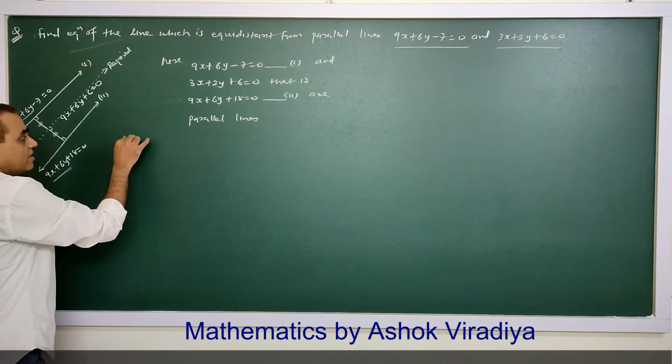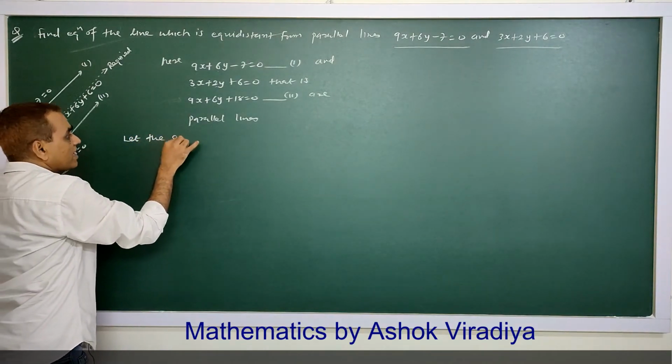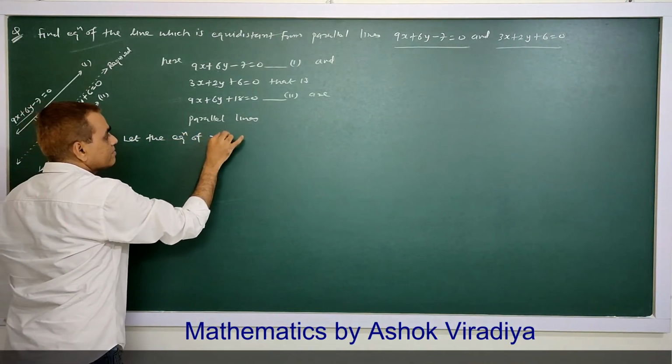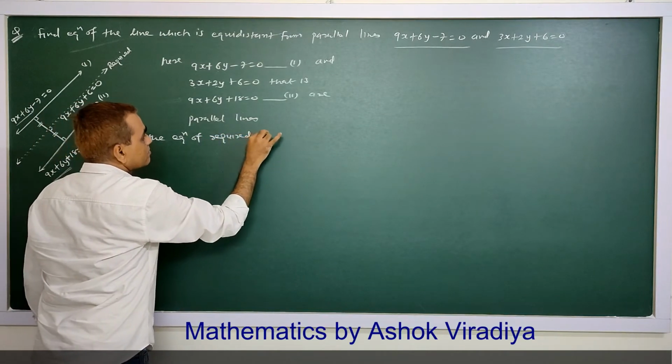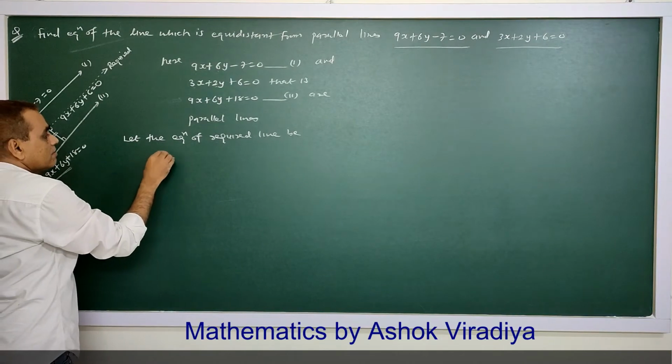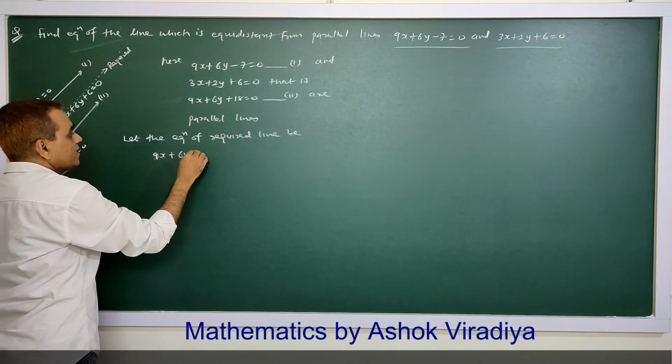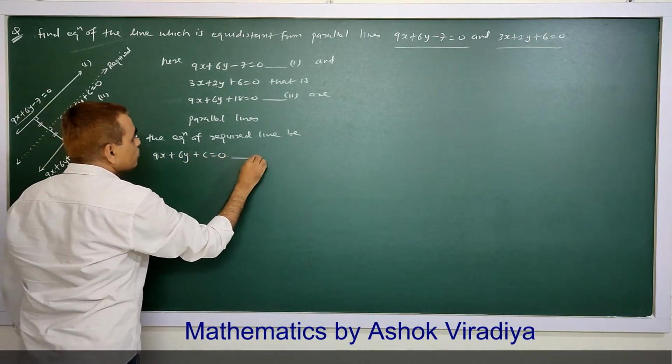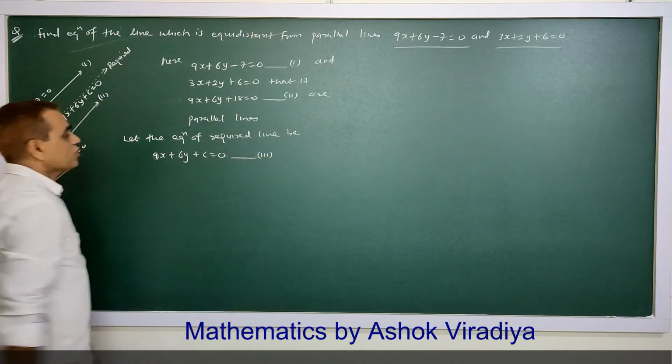So let the equation of the required line be 9x plus 6y plus c equal to 0. This is equation 3.